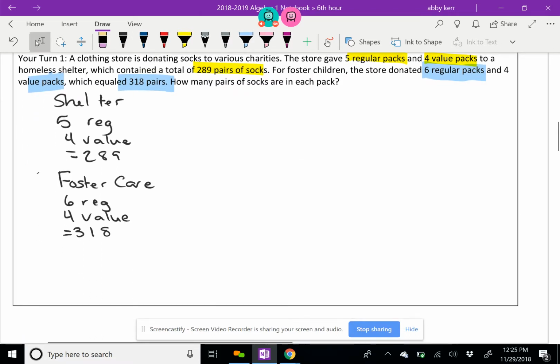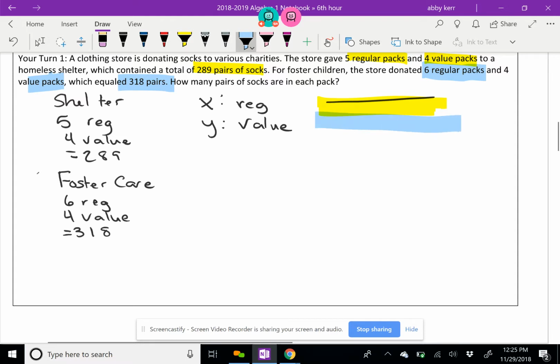And it equals 318. So we need to come up with what our variables are going to stand for. So since I saw regular socks first, I'm going to put that for my x, and then my y is value. And then I'm going to make a shelter equation and a foster care equation.